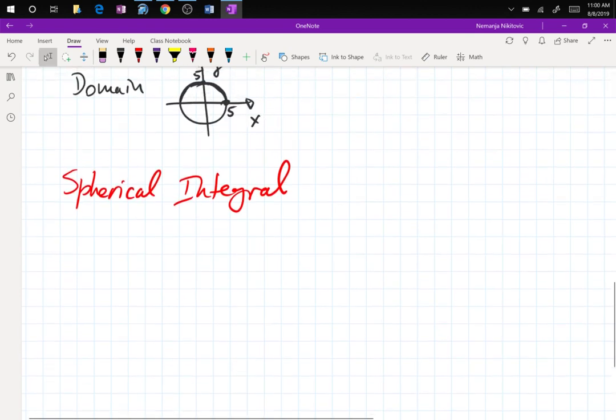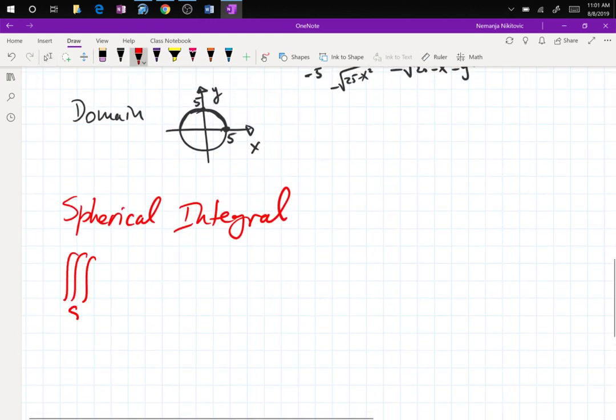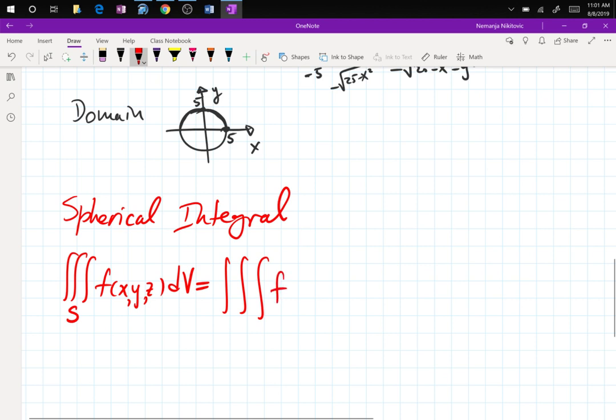So we have our triple integral over the surface S, or region D, whatever, of f of x, y, z, dV. And that's going to be the triple integral of f. Now, we have to convert everything in here, and I'm just going to write this. The conversion formulas, I'll write them on the side later.